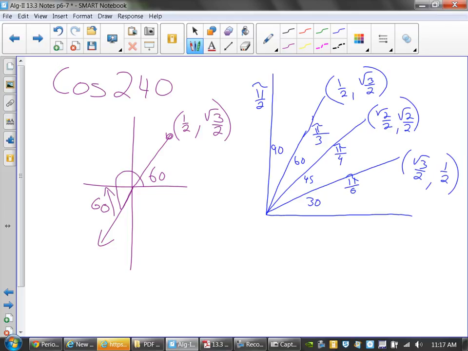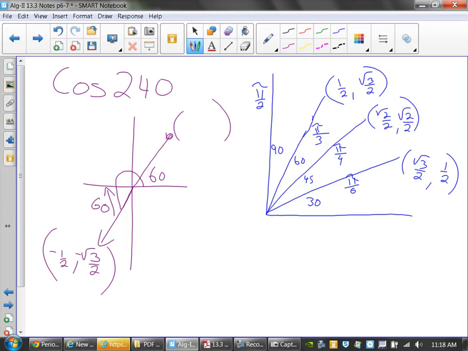Which means this value here comes down here, but what changes? Both are negative. Now, if I'm looking at the cosine, which value am I looking at? Yeah, the negative 1/2, the x value, very good. So the cosine of 240 degrees mirrored out of the 60, brought it to the third quadrant, creating the x value to become negative, you get negative 1/2.